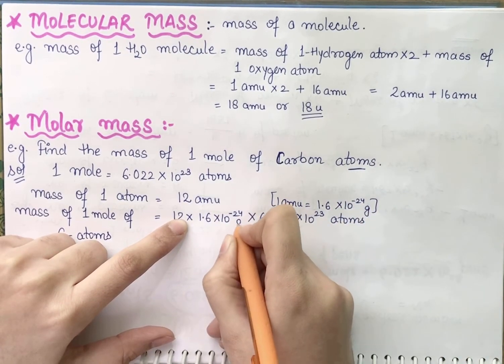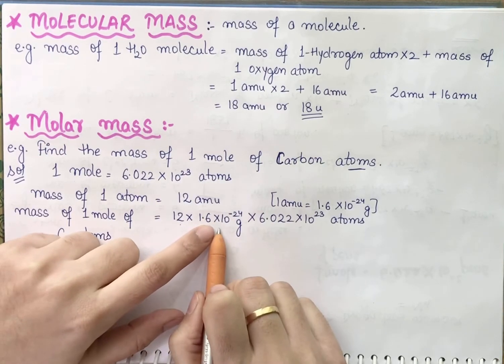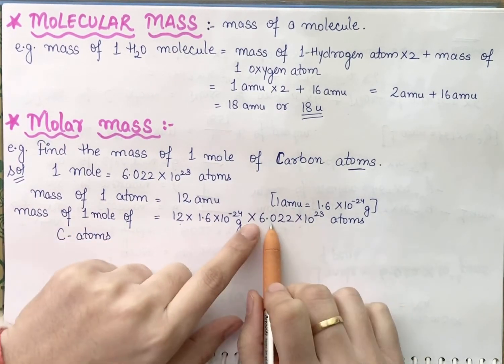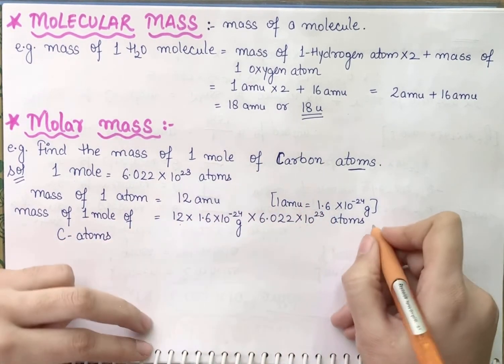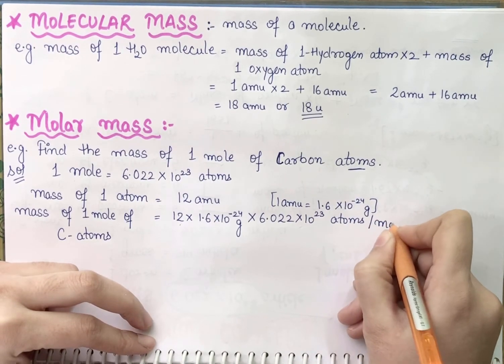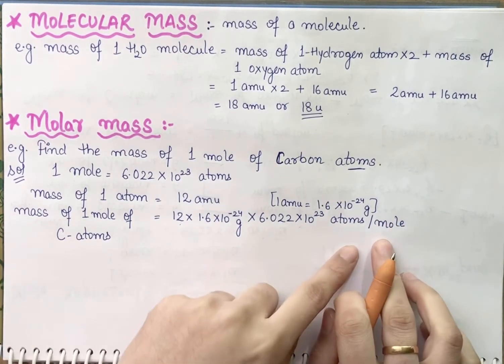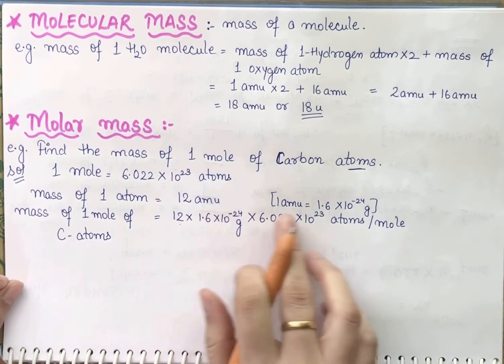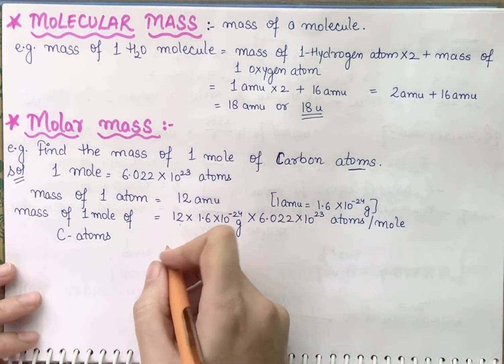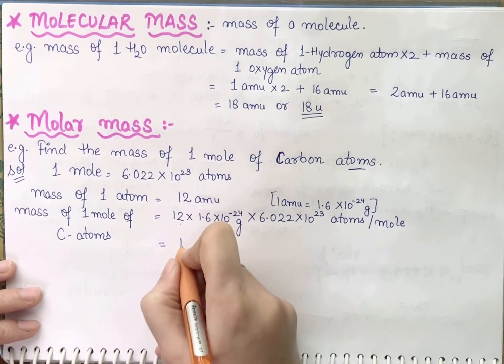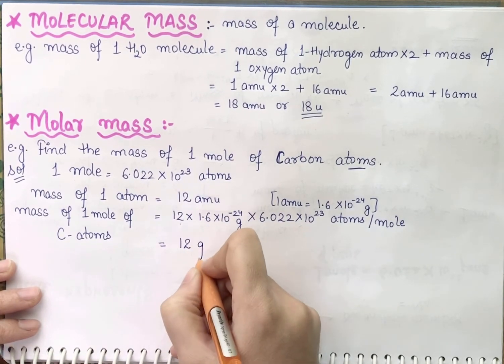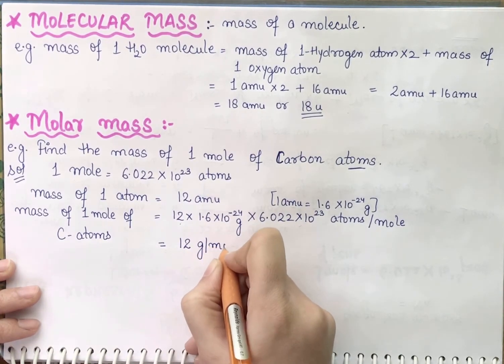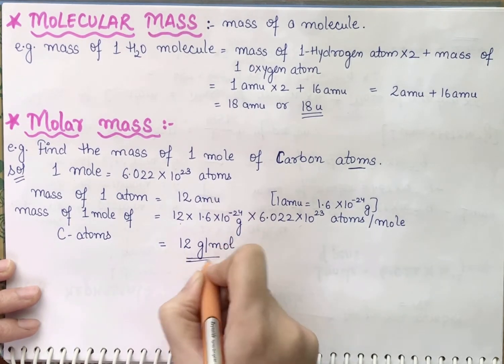So I have simply put the value of AMU over here, and here I am having this much atoms per mole. I'm having this much atoms in 1 mole. Okay, I'll simply multiply all these terms, and my answer will be 12 gram per mole. That is molar mass.